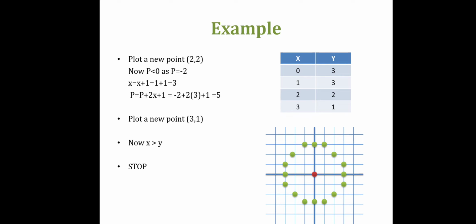You can see that for the same example we took in the Bresenham circle generation, we get the same points: 0 comma 3, 1 comma 3, 2 comma 2 and 3 comma 1. By using this midpoint we get the same circle drawn, only we are finding the midpoint, and depending upon the value of that midpoint we choose whether it is the upper pixel or the lower pixel. So this is the midpoint circle generation algorithm.